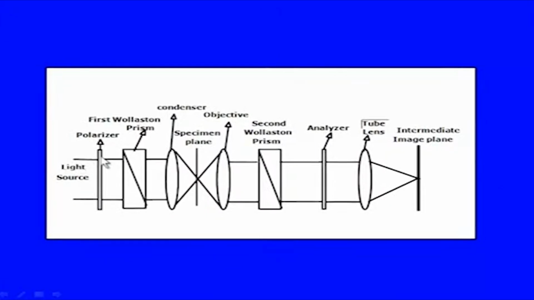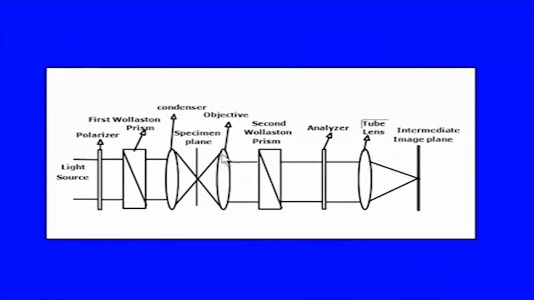The light source, which is unpolarized, passes through a polarizer, which gives plane polarized light at an incidence angle of 45 degrees. The first Wollaston prism, not shown here, produces sheared light, that is two rays very close to each other, but they cannot interfere here. So, they pass through the condenser lens and then through a specimen plane where they are differentially retarded because of thickness and refractive index differences.